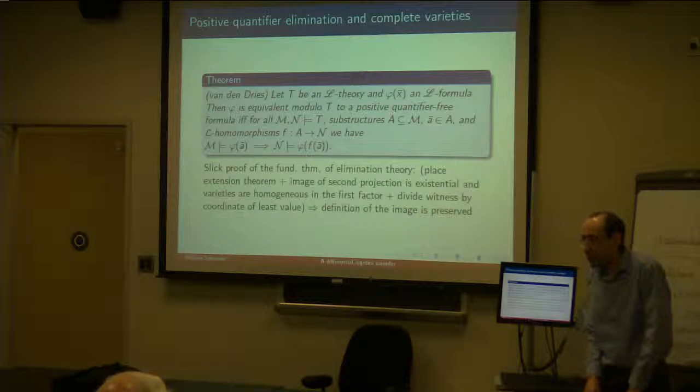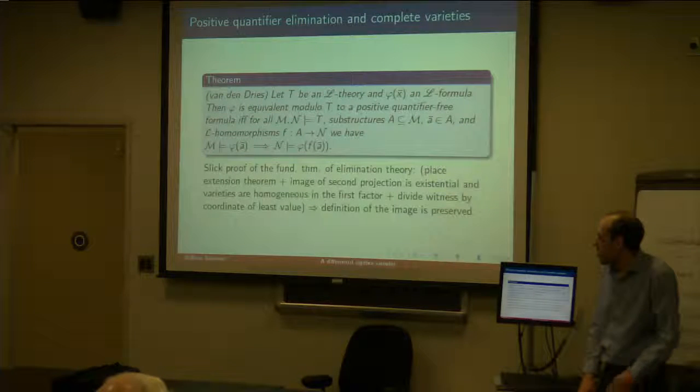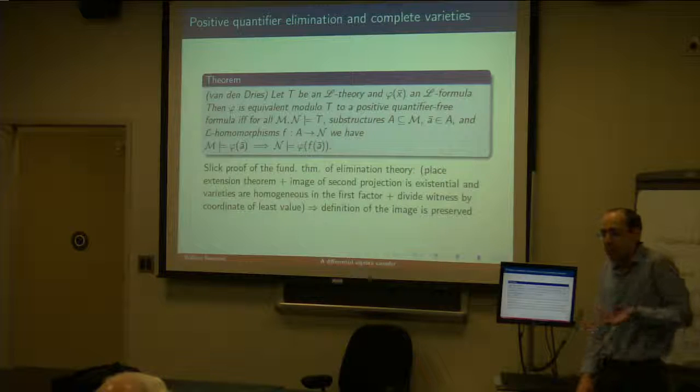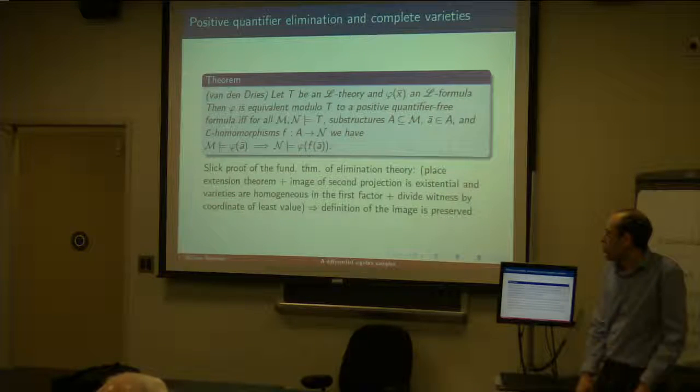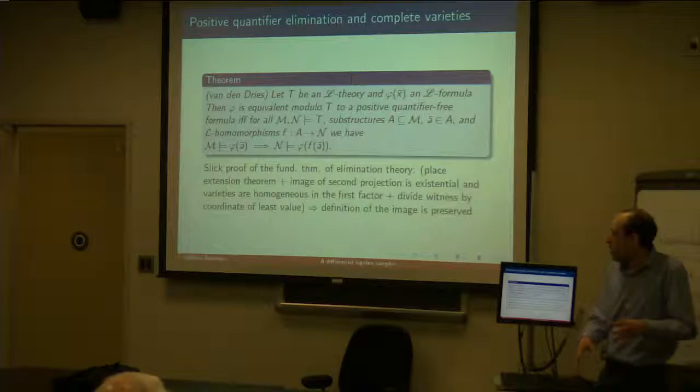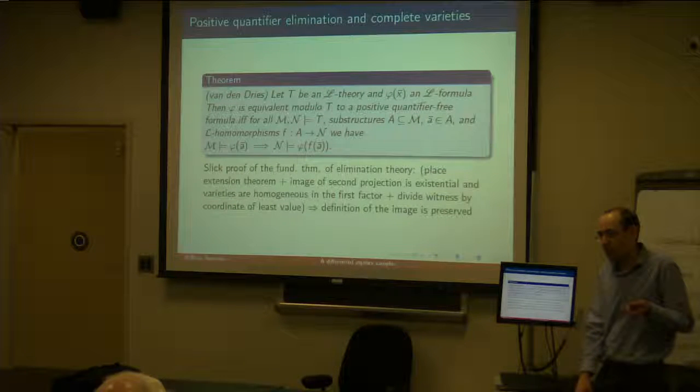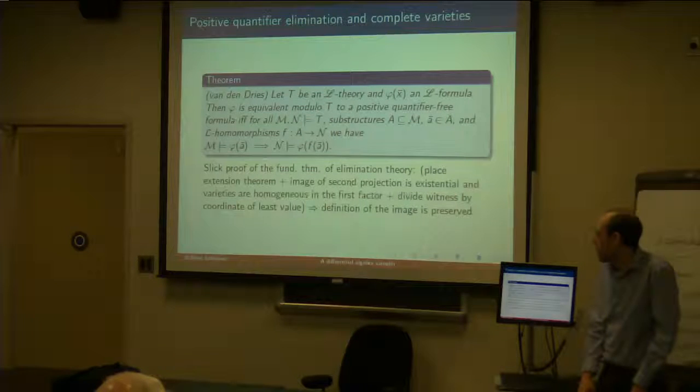This place extension theorem refers to the fact that if you have a ring homomorphism on a subring of a field, and you extend that maximally as far as you can, so that the domain is still contained in the original field, then you get a valuation ring of that field.